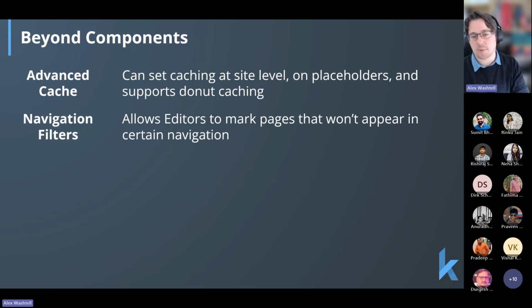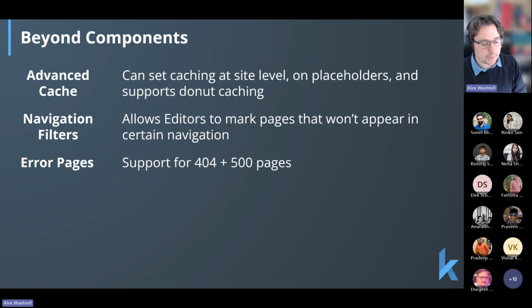You can just tick it and say, don't appear in breadcrumb, or don't appear in sitemap, and it's already built in. That's quite useful. I've seen in many sites people having to build a separate field that says don't appear in breadcrumb, and this means you don't have to build those separate fields. They're already there. There's error support, so there's support for 404 and 500 pages out of the box. Those will just work.